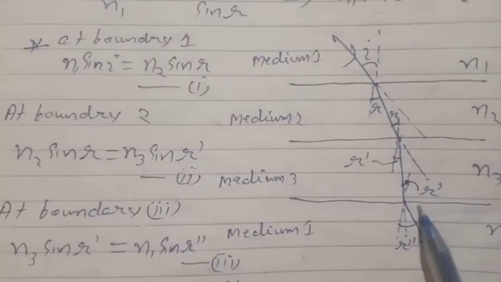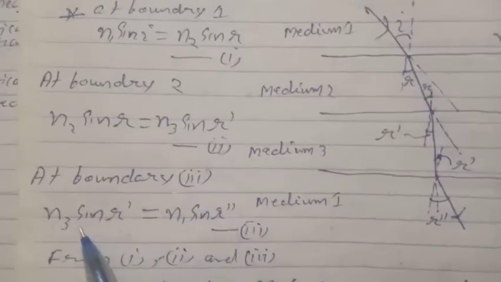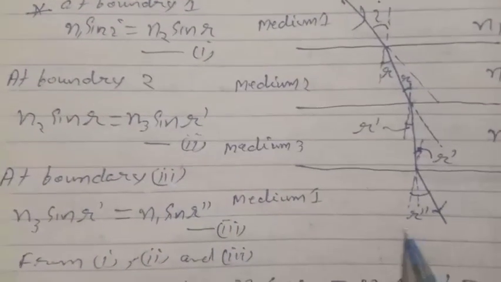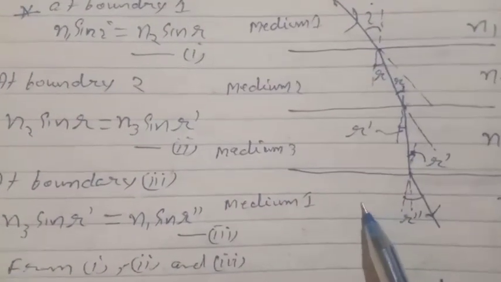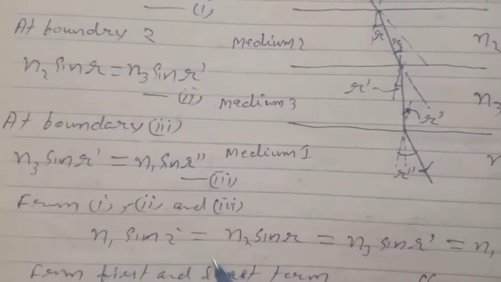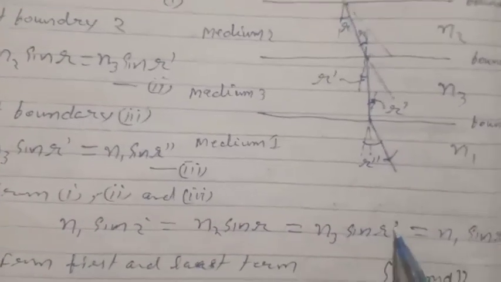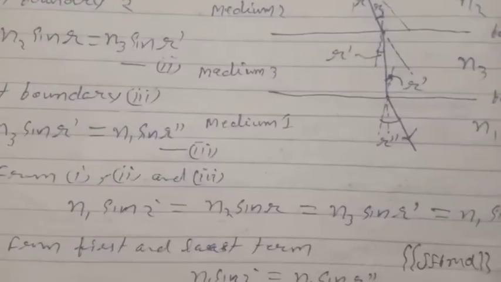So we can use the above relation at boundary 3: n3 sine r dash equals n1 sine r double dash, because the refractive index of this medium is n1. Now from equations 1, 2 and 3, we can write n1 sine i equals n2 sine r equals n3 sine r dash equals n1 sine r double dash.